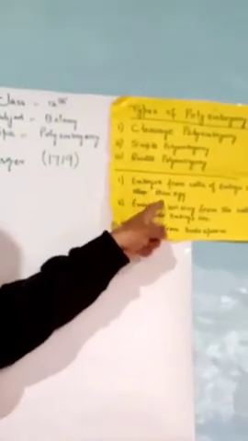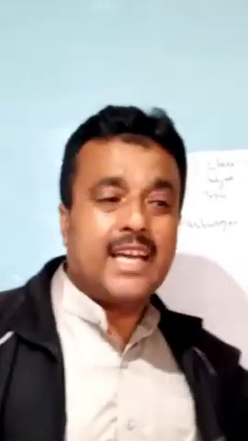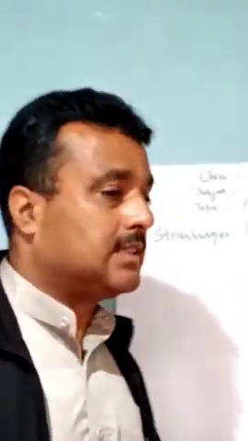Now there are some causes of polyembryony. First, embryos develop from cells of the embryo sac other than the egg. It has been found that embryos develop from the synergids and antipodal cells.